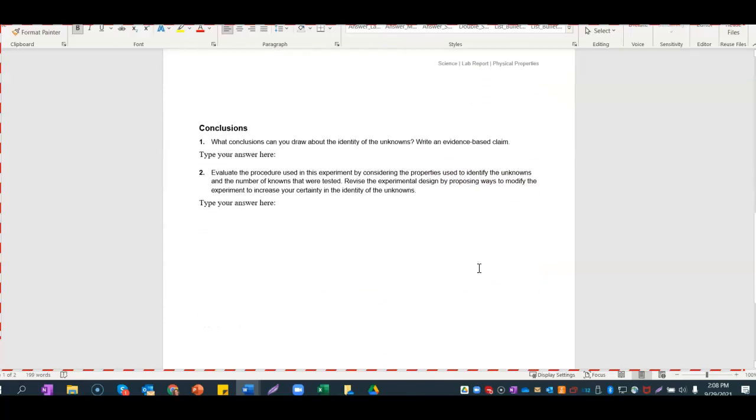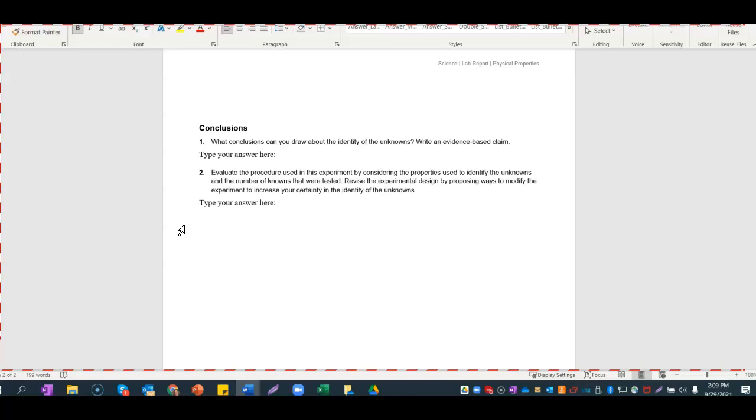All right. And then for the second part of that question on your conclusion, it says evaluate the procedure used in this experiment by considering the properties used to identify the unknowns and the number of knowns that were tested. So let's break apart just that sentence first. The procedure that we used was we found some extensive properties, right? We found the mass, length, height, volume.